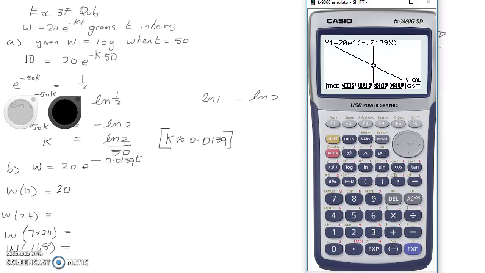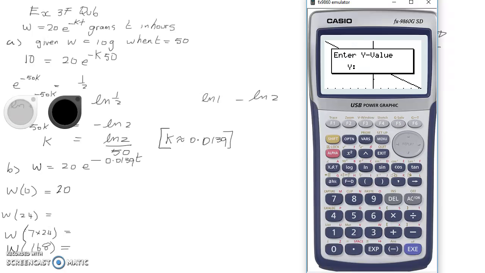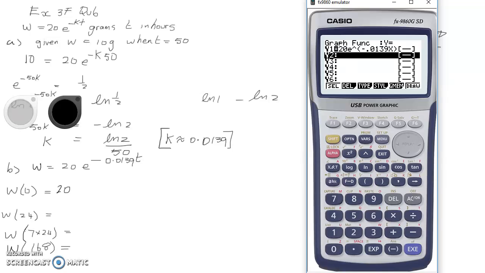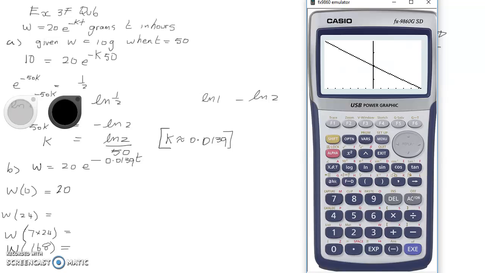So we'll do it again, Shift G solve, and we want to do the calculation of the x value, but this time we know that the y, no, I've done it backwards again. Shift G solve. We want to calculate the y value knowing that the x value is 24 hours.